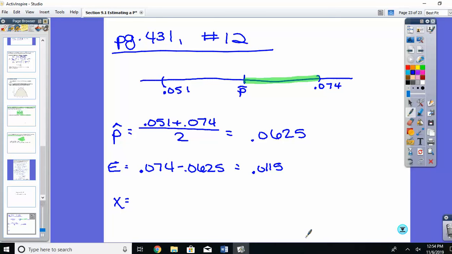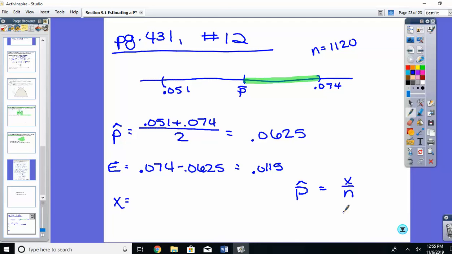Okay. The third thing asks for x. The problem told us that n was 1,120. Keep in mind, p hat is x over n. That's on your formula sheet under chapter 8.